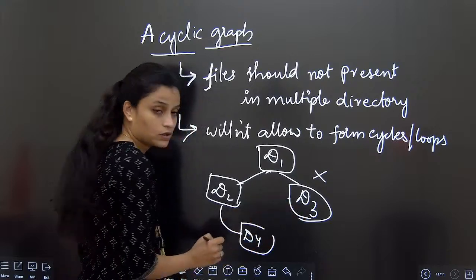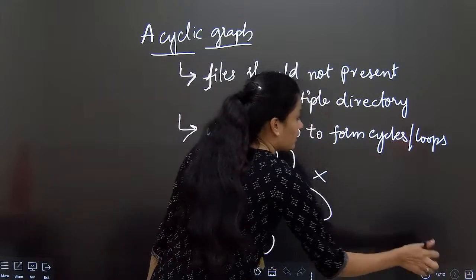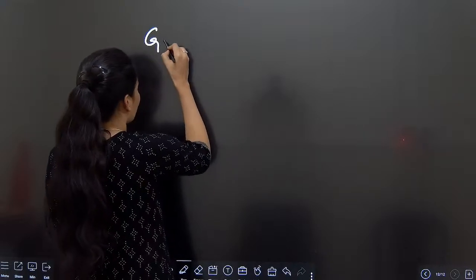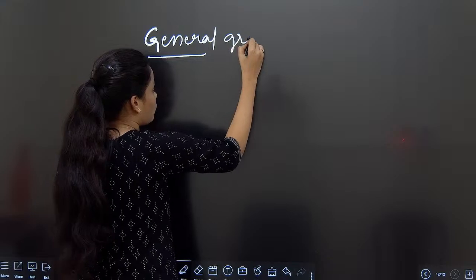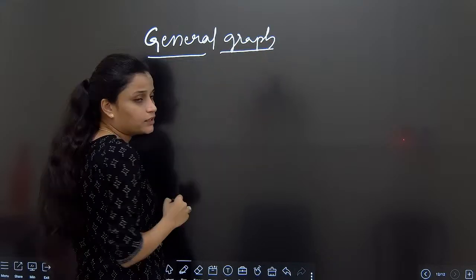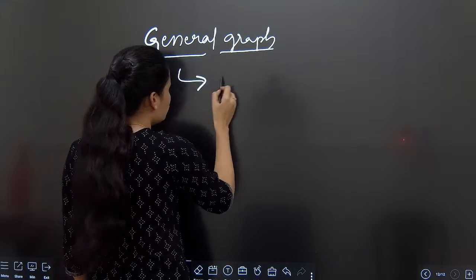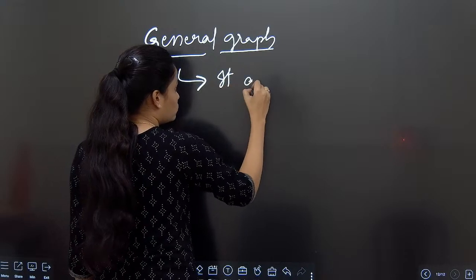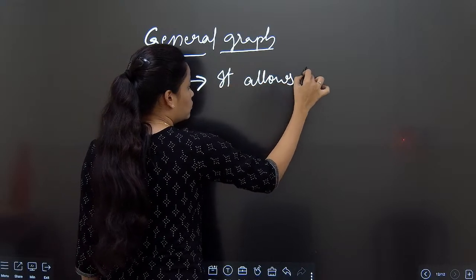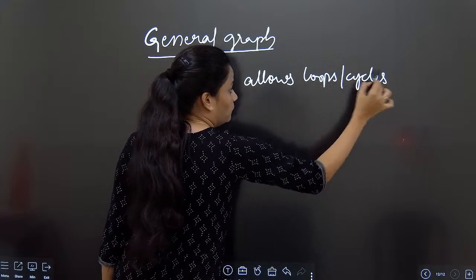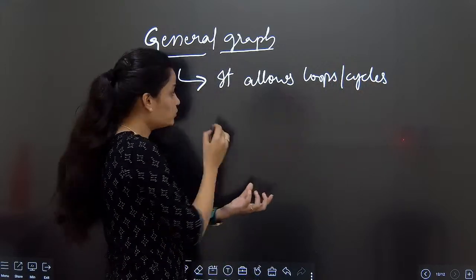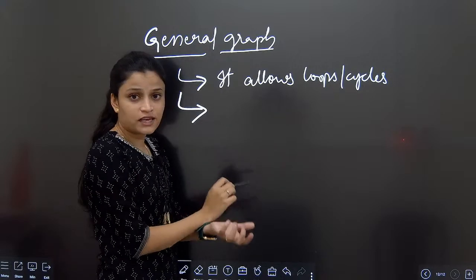But in the general graph, the directory forms loops. It allows loops or cycles. What will the general graph do? The general graph will also do the same thing.